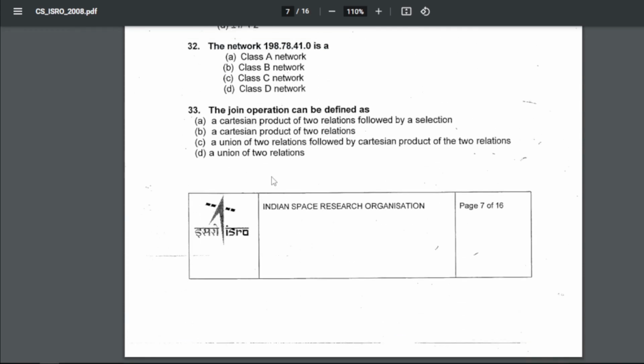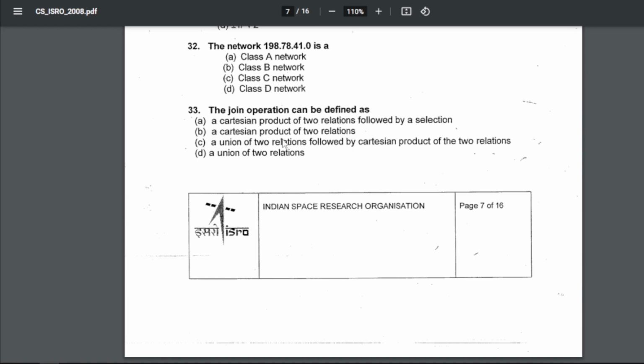Question number 33: the join operation can be defined as what? For question number 33, the answer is A, that is a Cartesian product of two relations followed by a selection, right?